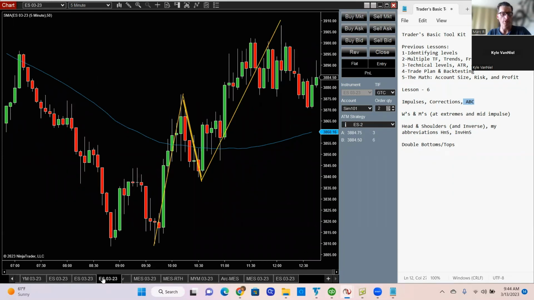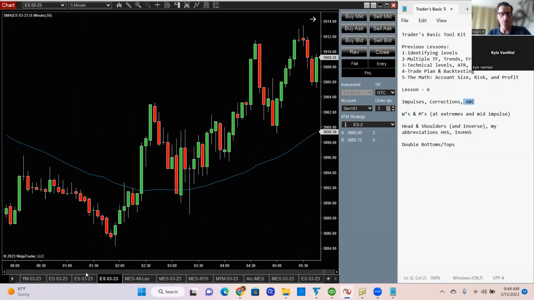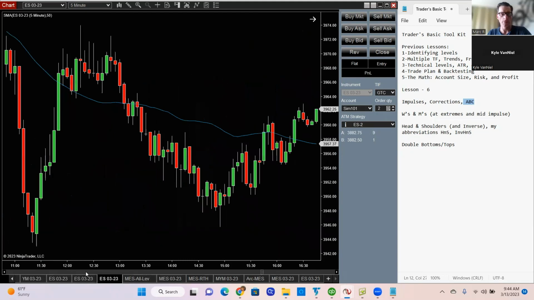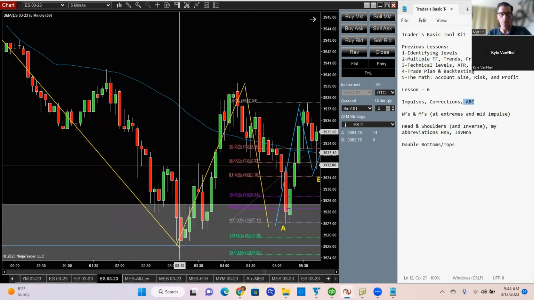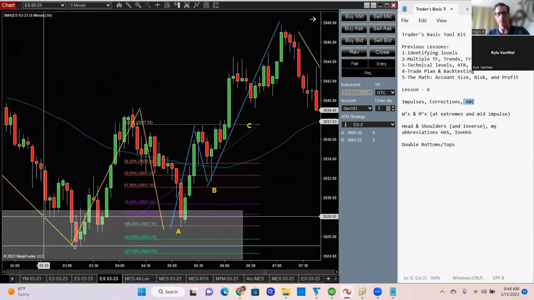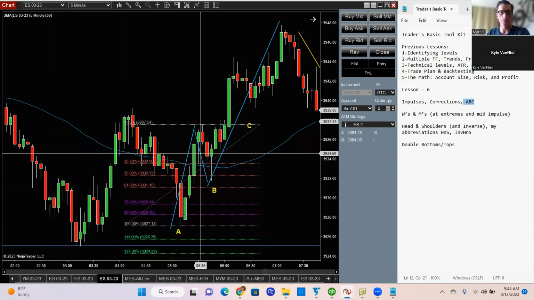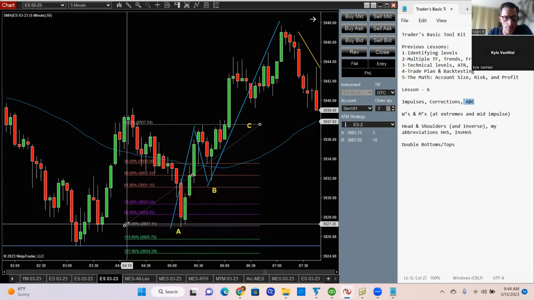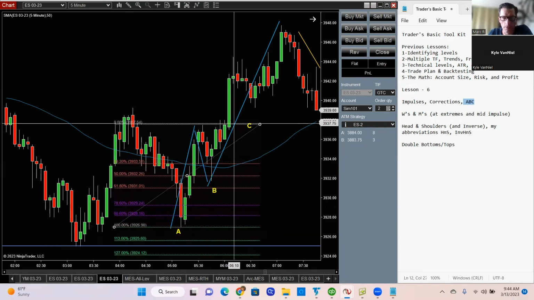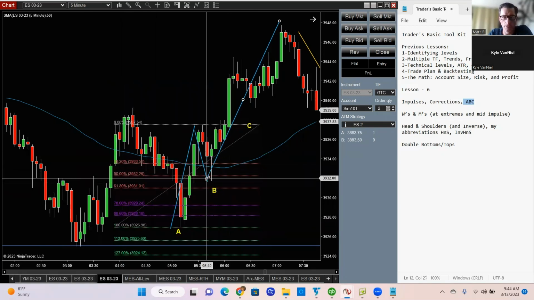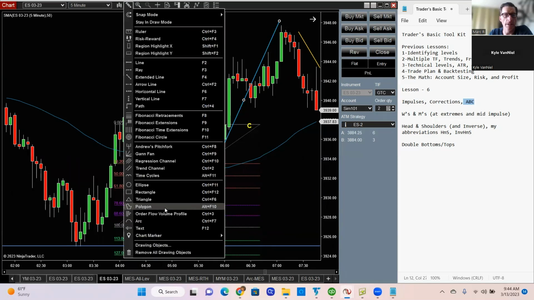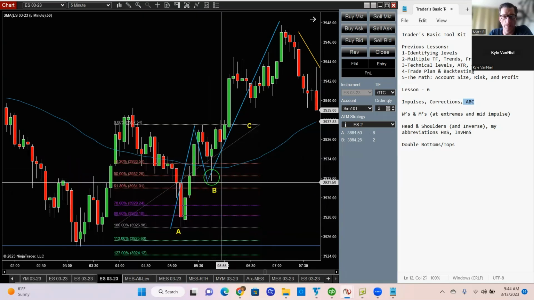Let me duplicate this for you so there's less clutter on the screen. Get all this off for a second. As you can see right here, we went right to this area, and this is never exact. As you can see, it's actually past that red line.